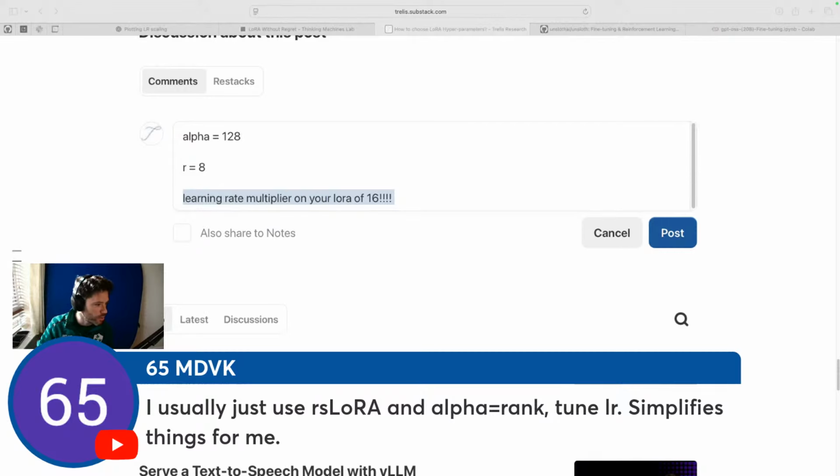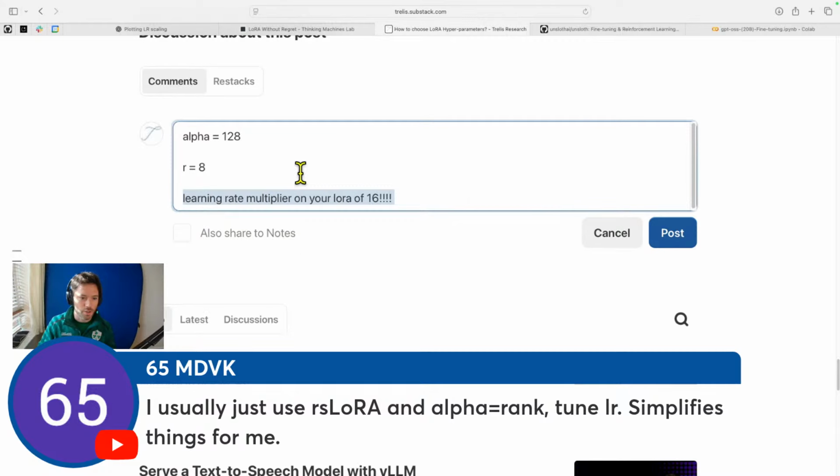Yes, this, I usually use RS LoRA and alpha equals rank. Simplifies things. So this, I don't agree with though, and I don't think I agreed with it before. If you set alpha equals rank, you are just getting rid of that multiplier. Let's do an example.